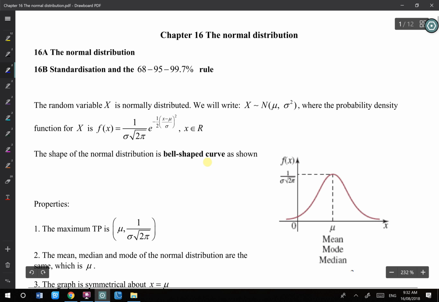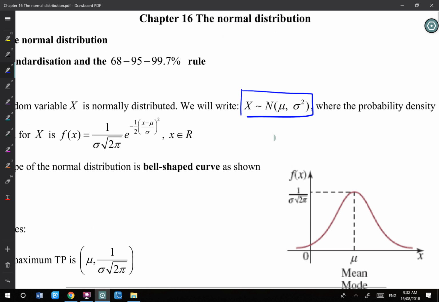Remember when we do binomial, we have a similar notation, but instead we write B here, so x is binomially distributed with n comma p. For normal, it's very interesting. The two parameters that decide the normal are the mean and standard deviation. You don't really need to find them; they're already given in the distribution.